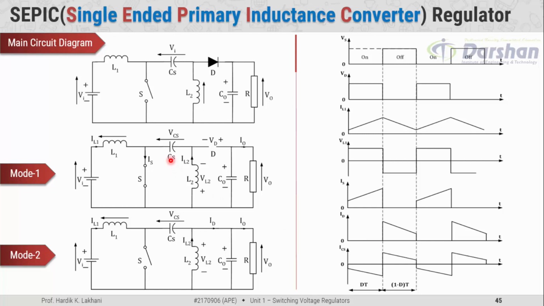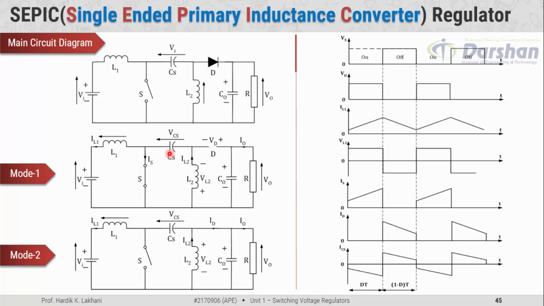And in the capacitor Cs, the reference direction of the current is this one, from left to right. But during the first interval, the current through the capacitor is from right to left. And a similar current flows through the inductor L2. So the current through inductor L2 also rises from the minimum value towards the maximum value, because it is storing the energy coming from the capacitor Cs.